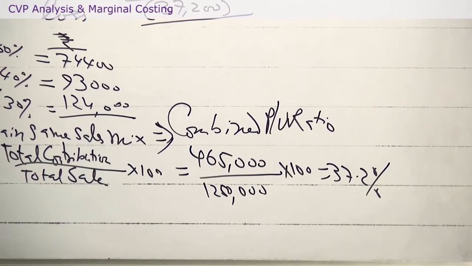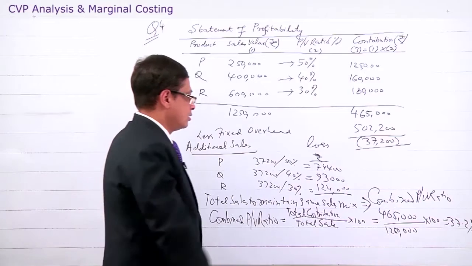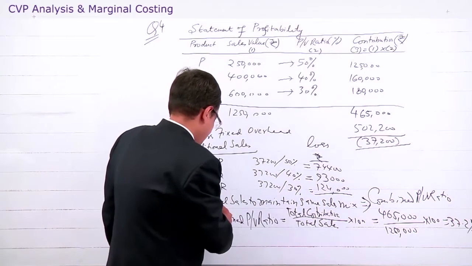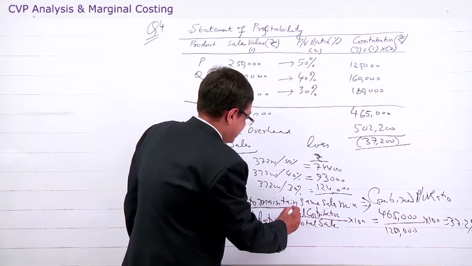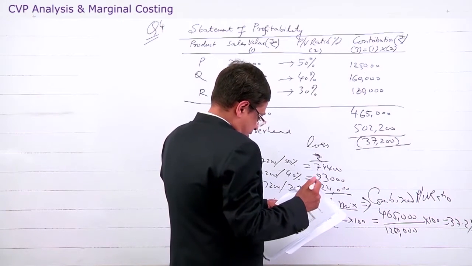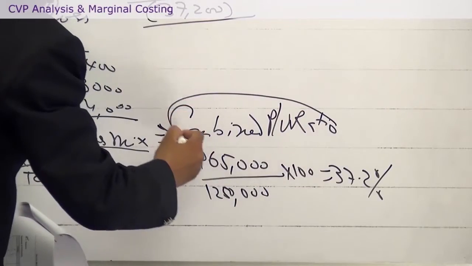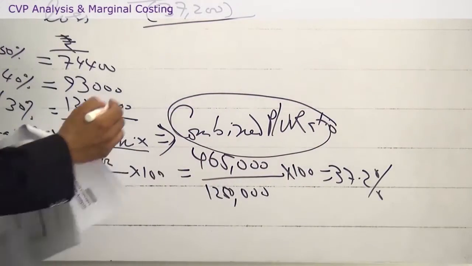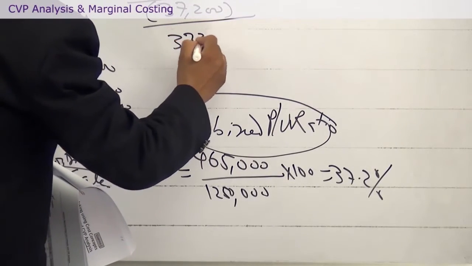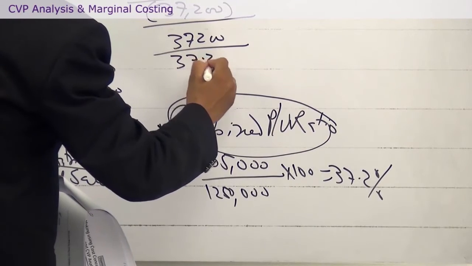Right, friend? Have you seen the calculation? Have you understood? Now, the line was total sales to maintain same sales mix. You need to do the calculation. You have got combined PV ratio. So, it will be 37,200 divided by 37.2%.